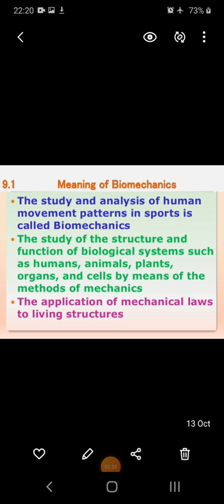The study and analysis of human movement patterns in sports is called biomechanics. It is also the study of the structure and function of biological systems such as humans, animals, plants, organs and cells by means of the methods of mechanics, the application of mechanical laws to living structures.